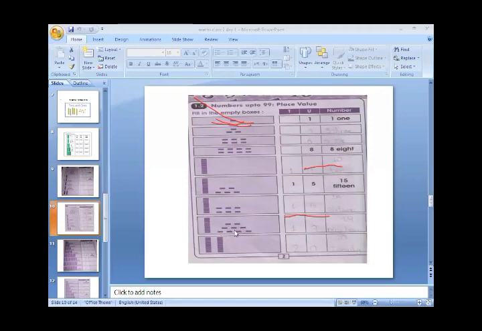There are 9 small blocks. Small blocks show unit place. So you will write 9 at unit place. 1 and 9 makes number 19. You will also write the spelling of 19. What is the spelling of 19? N-I-N-E-T-E-E-N 19.